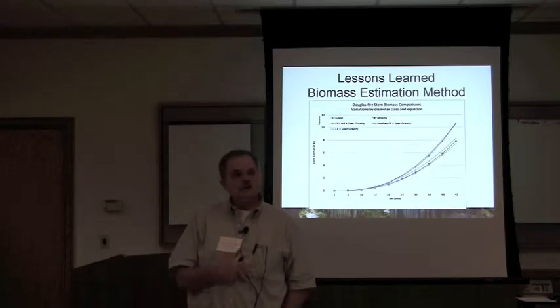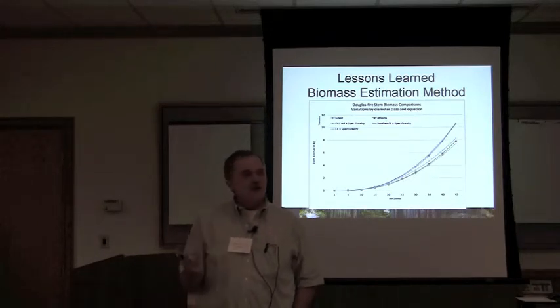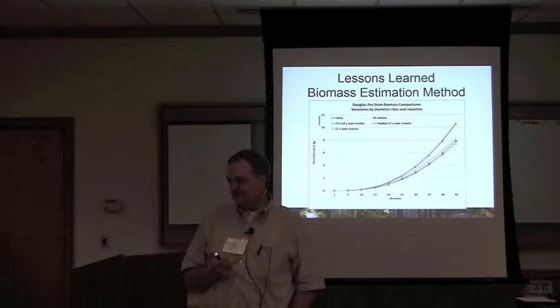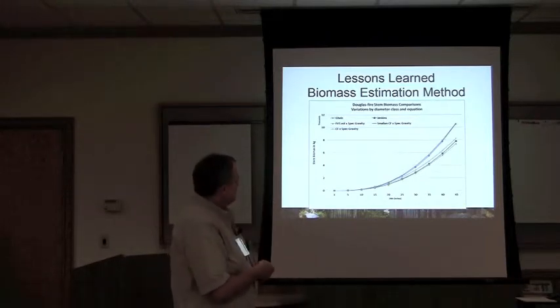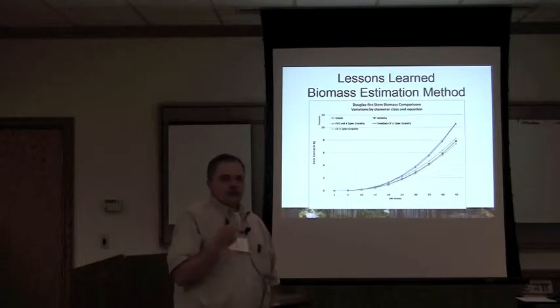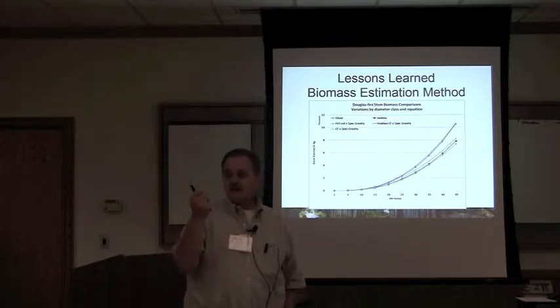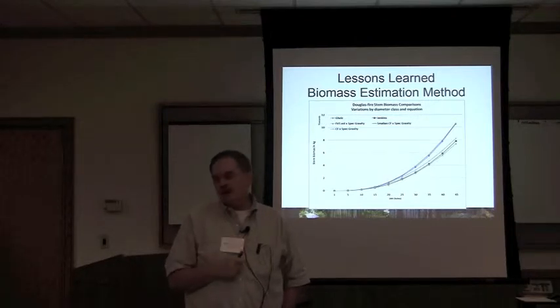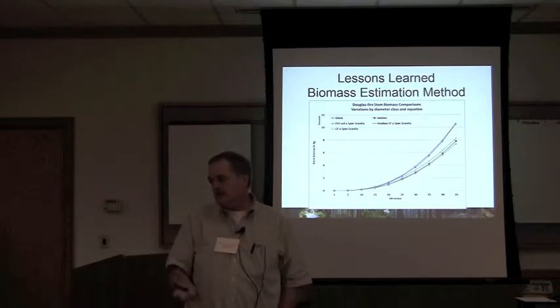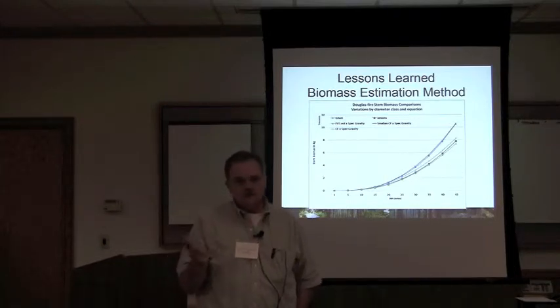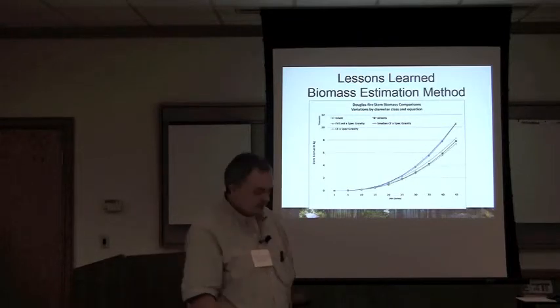The real answer is cut it down, burn it, and find out what the energy content was. We can't do that for 100,000 acres. So we're relying on a series of equations, and if we pick an equation that we know is high, we may be overestimating. If we pick one that we know is low, we might be underestimating. So what we really need to do is run it through multiple equations so we have some kind of sensitivity. So we have some variance associated with our estimates, and we're not terribly good at that.